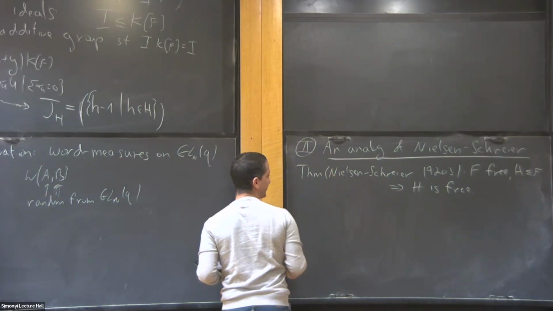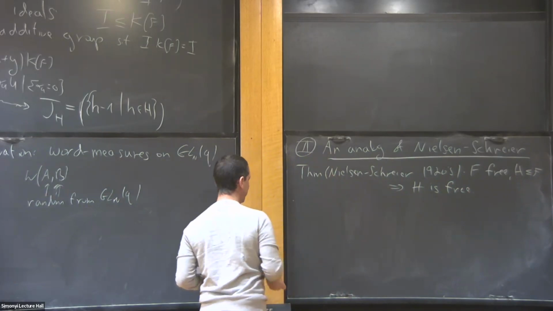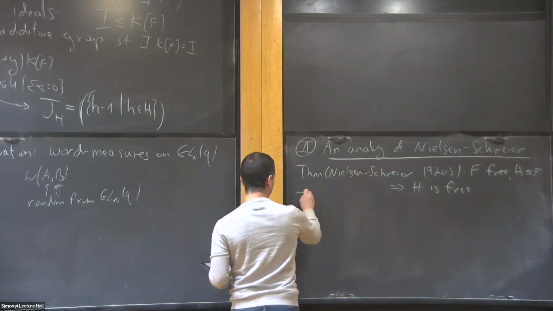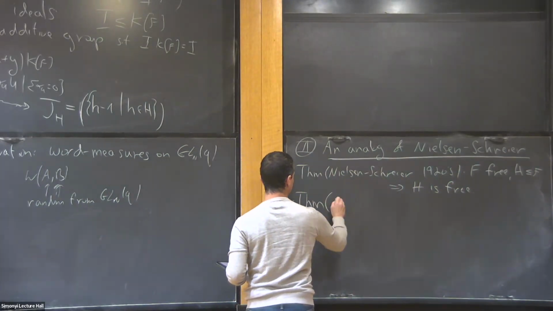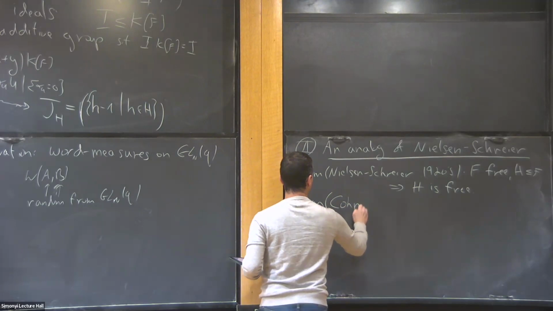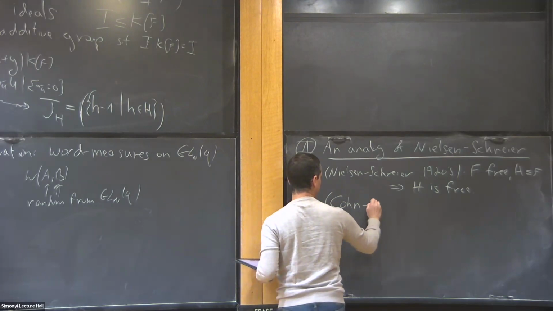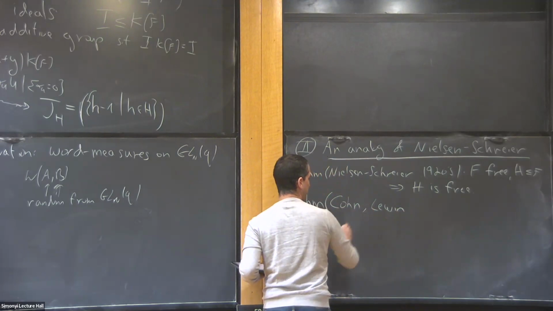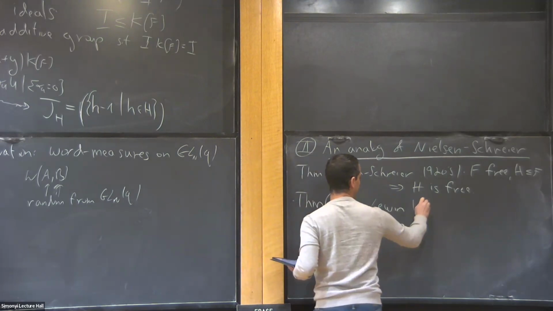Somehow people didn't think about it the right way in the 1920s. But it turned out that there's a counterpart, an analog, by Paul Cohn in 1964 and Jacques Lewin.